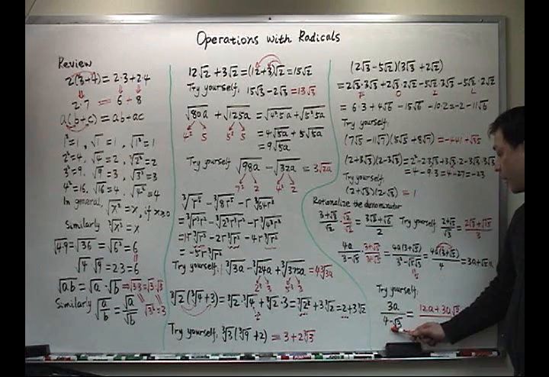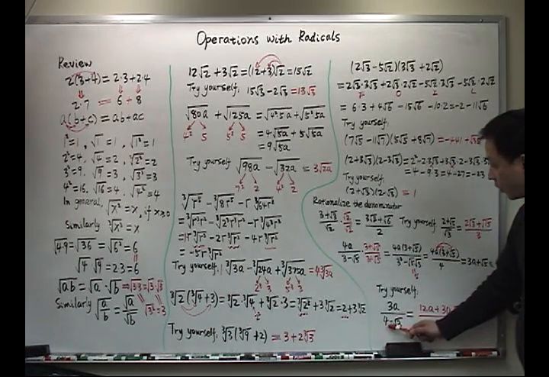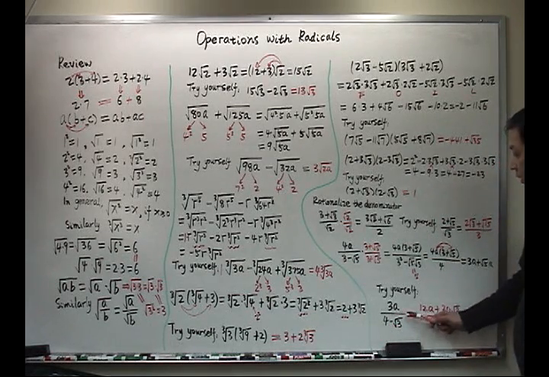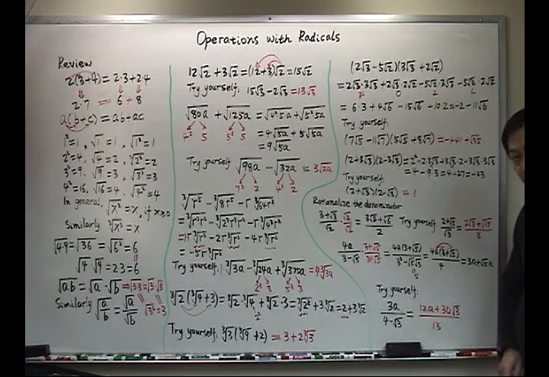3a over 4 minus √3. Again, right here, you want to multiply 4 plus √3 upstairs and downstairs.